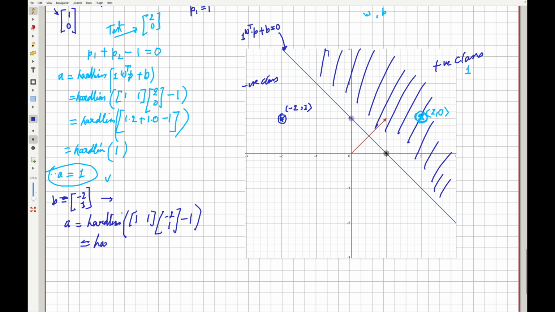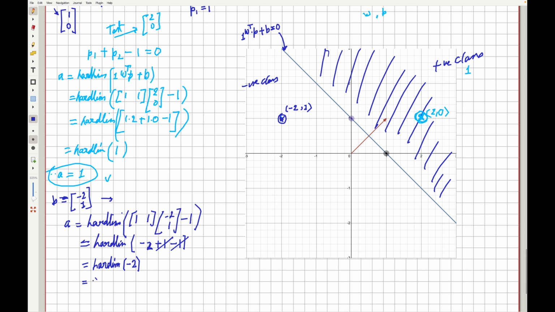Again we pass this to the hardlim transfer function, and what we have inside of that is -2 plus 1 minus 1, and so this cancels out. What we are left with is -2. As you know, if the value inside of n is -2, less than 0, then hardlim says that the value for a now is 0.